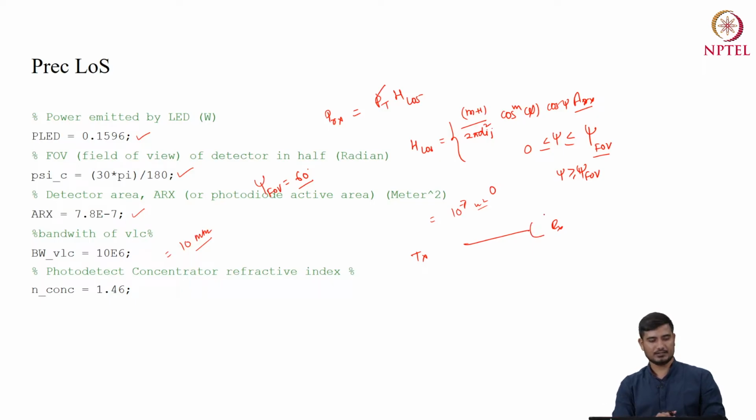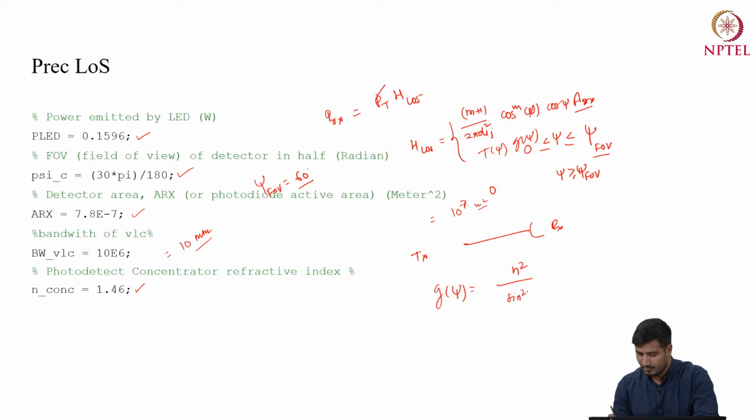Based on that, the refractive index of the optical lenses that you are using we have specified here, because in order to calculate this equation, it is multiplied with T(psi) and G(psi), the optical filter and concentrator gain. To calculate the optical concentrator gain, you require the refractive index, because it follows the equation n square divided by sin square psi c.